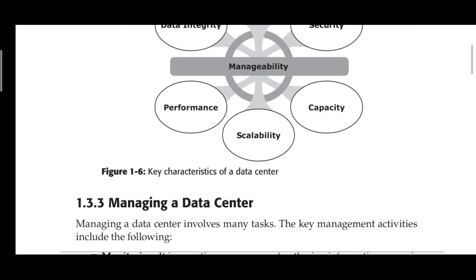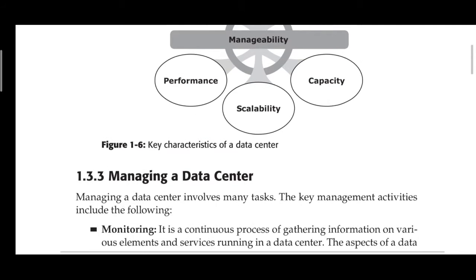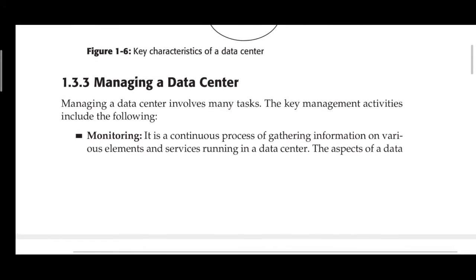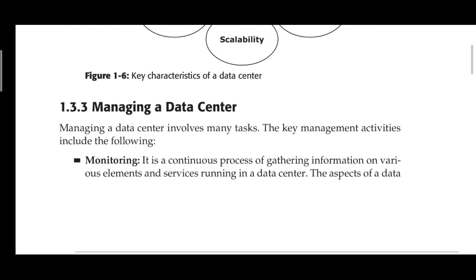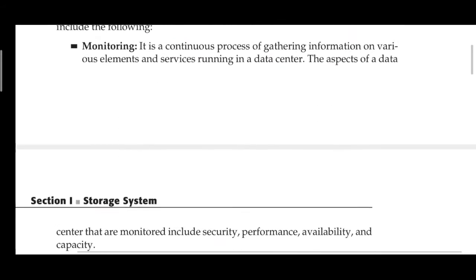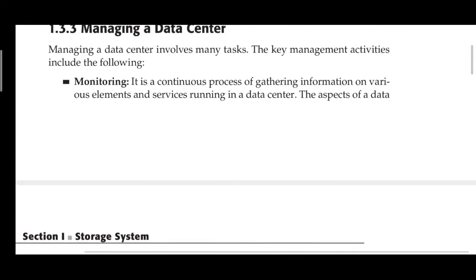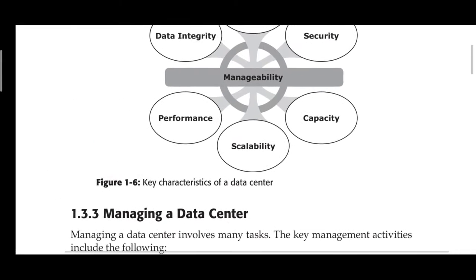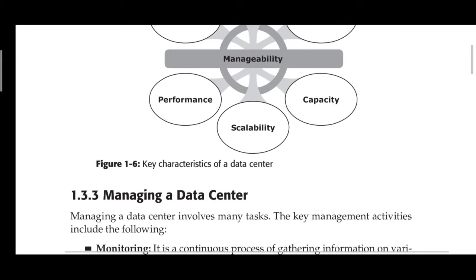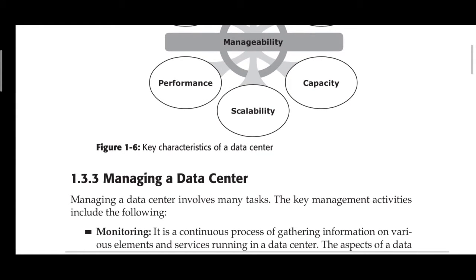If all the parameters are satisfied, then managing them will be easy. These 6 plus 1, 7 parameters, are the key characteristics, also called key requirements of the data center.